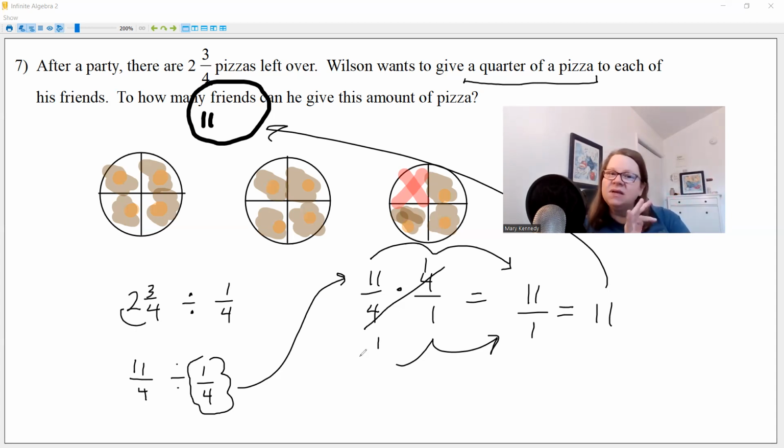But if it doesn't, the math at the bottom will always work. So there's validity to both. You can use the one that makes the most sense to you, but you need to know how to do the one on the bottom, because if the top doesn't work out so cleanly, then that's the part you're going to need.